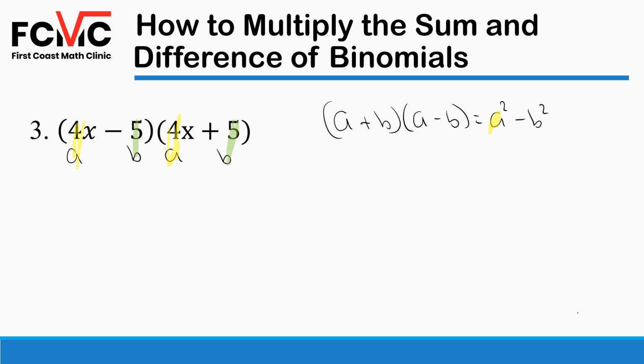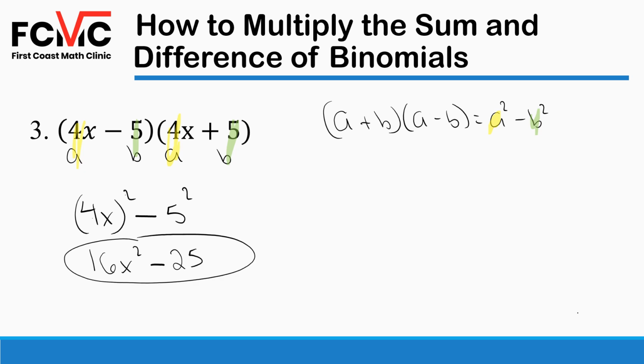We're going to square our B value. So our result is going to be 4x to the second power minus 5 to the second power. 4x to the second power is 16x squared minus 25, and that's going to be our answer.